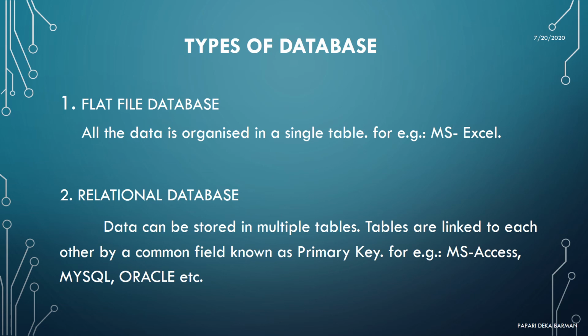For example, the database used in MS Access, MySQL, Oracle, etc. are some examples of relational database. And in this chapter, we are going to discuss relational database management system. And one example of that relational database management system is MS Access.